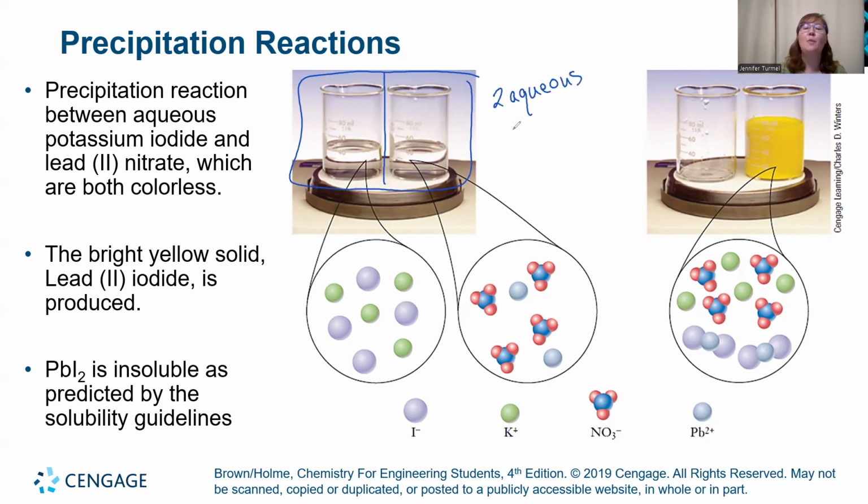And it's more than that, it's two aqueous ionic solutions. And what they form is a solid precipitate. Here, in this first one, we have potassium iodide, and it's aqueous.